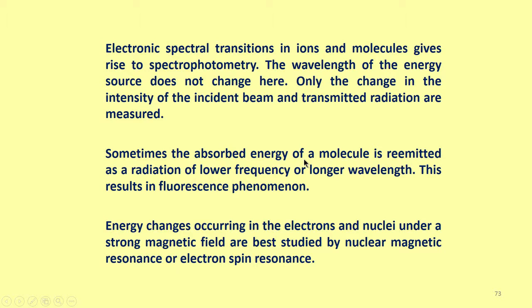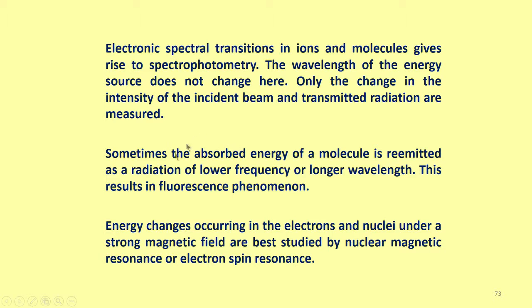Sometimes the absorbed energy of a molecule is re-emitted as radiation of lower frequency or longer wavelength. I had already referred to this in my last class, and this results in the fluorescence phenomenon. Energy changes occurring in electrons and nuclei under a strong magnetic field are best studied by nuclear magnetic resonance spectra or electron spin resonance technique.